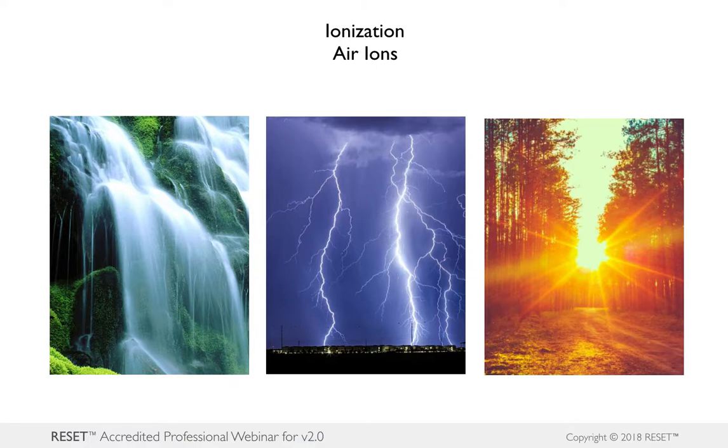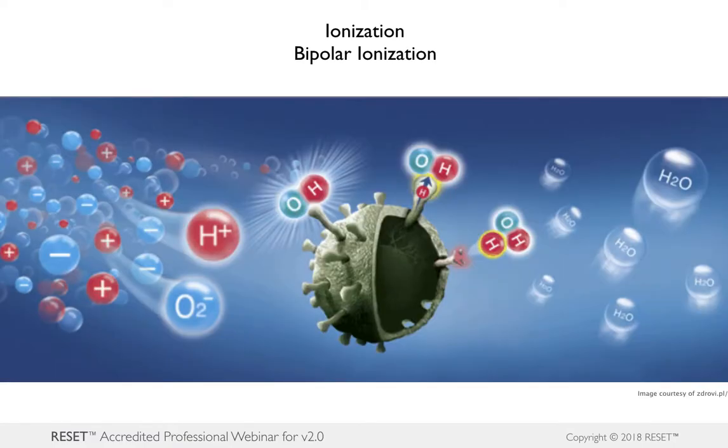So air ions occur as a result of high energy sources being introduced or present in the atmosphere, and they decompose gas molecules into atoms. So examples of this would be near waterfalls or during a lightning storm. Ocean surf, even sunlight and UV can create this ionization effect.